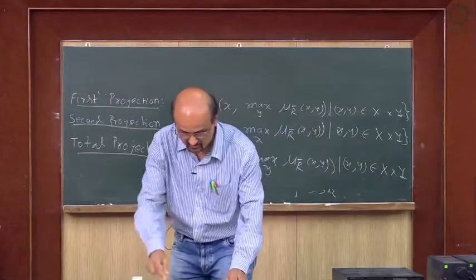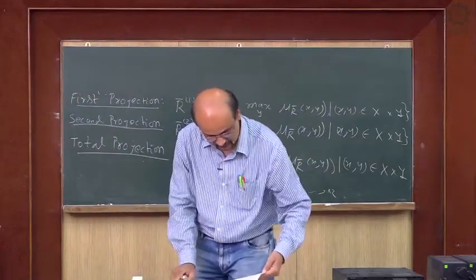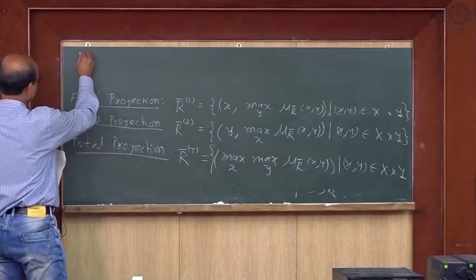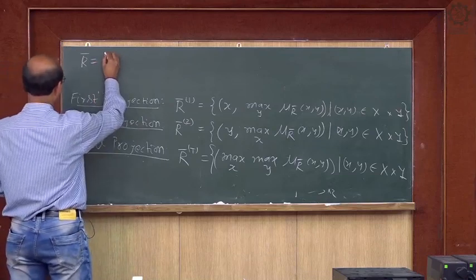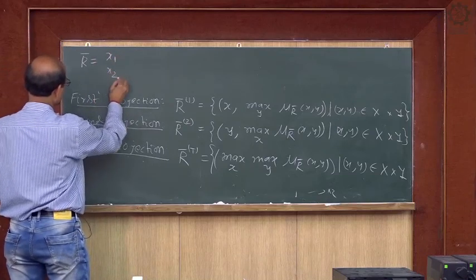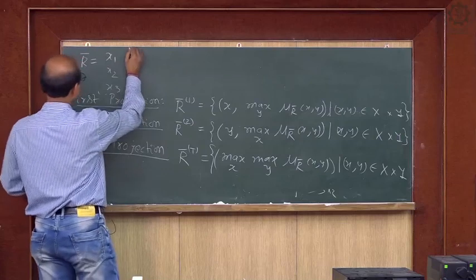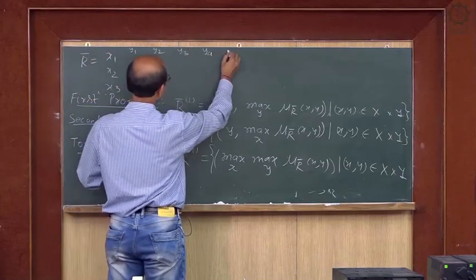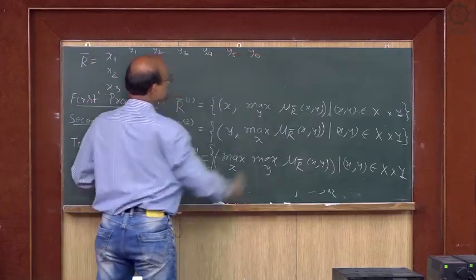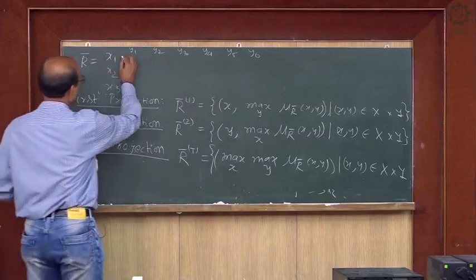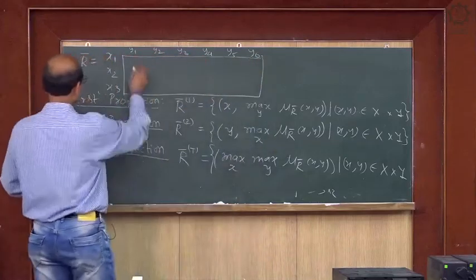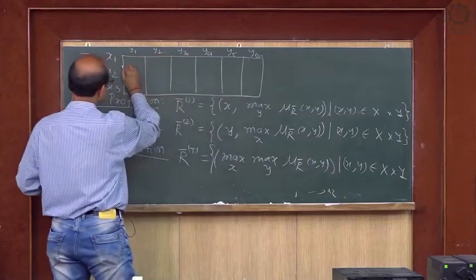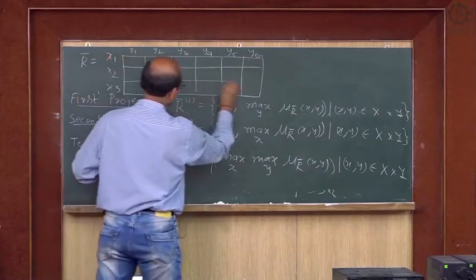Now, let us take one example and see how we get these. Suppose I have this relation given for x1, x2, x3 and y1, y2, y3, y4, y5 and y6. This is your X, this is your Y. I have y1 to y6, and these are your x values.